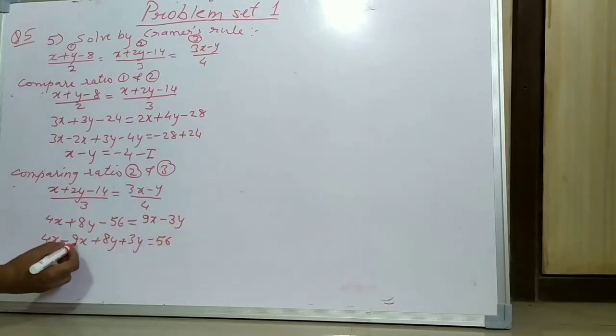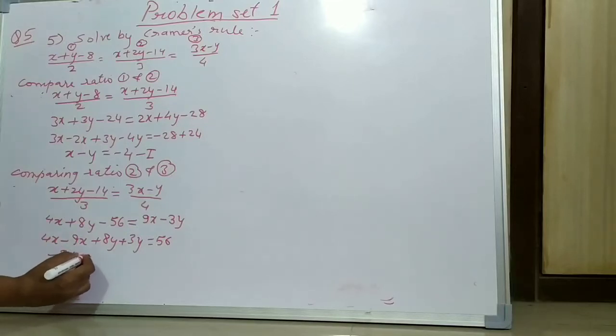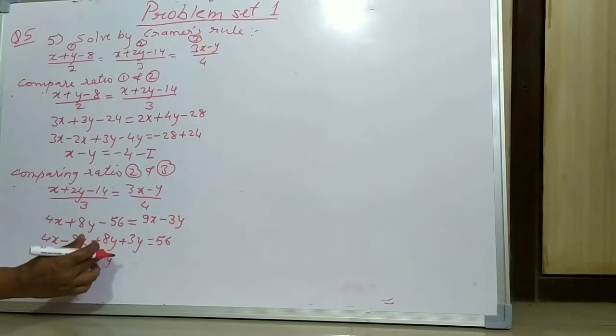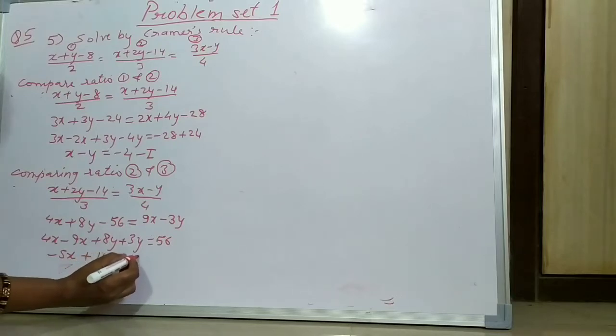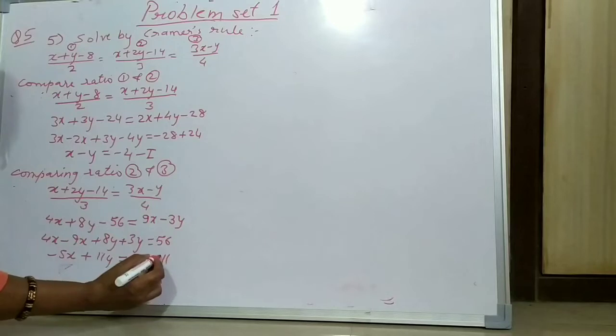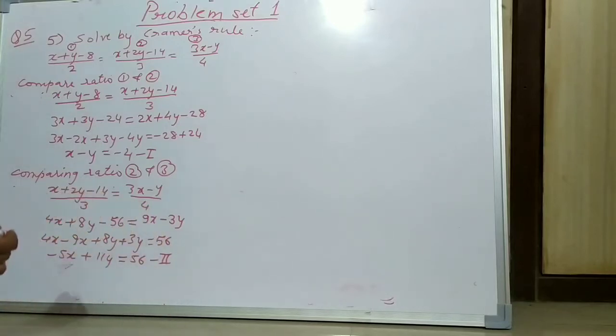Now 4x minus 9x, it is minus 5x plus 11y, 8 plus 3, 11y. That side 56 as it is. Now consider this as equation number 2.